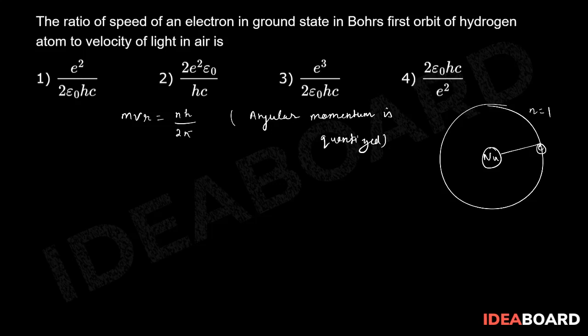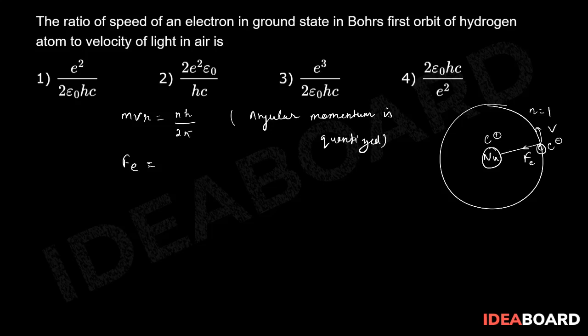Right? We know that, and we know that there will be electric force because this is an electron, a negatively charged particle. So there will be F electric. Because of this force, this particle will revolve around the nucleus, and the nucleus is of hydrogen, so it will also have the charge e, but positive charge, right?